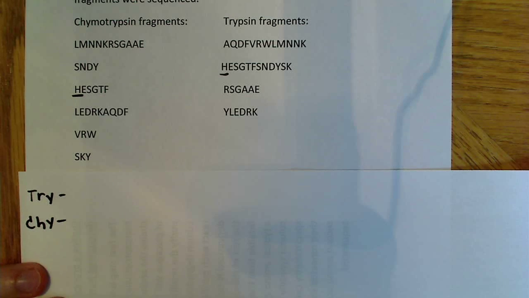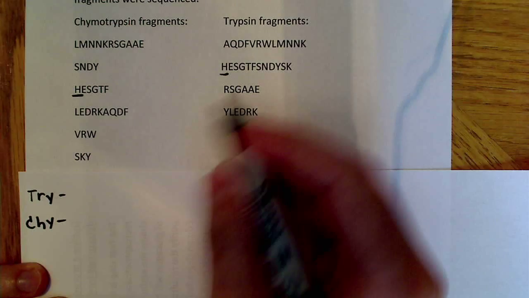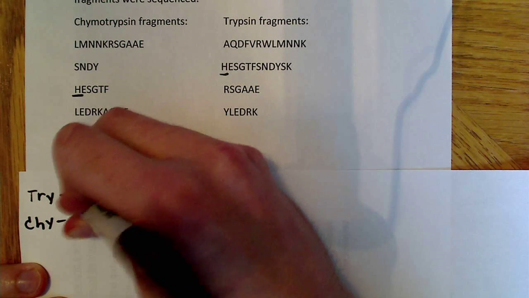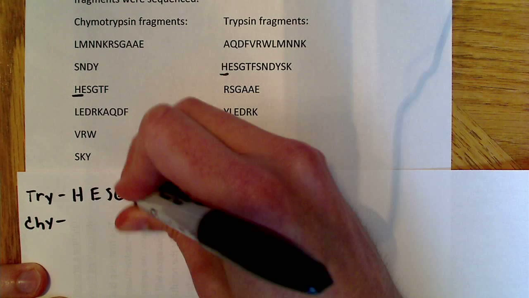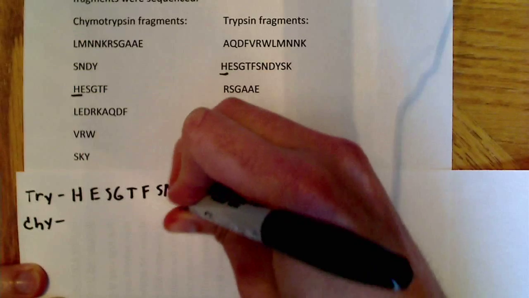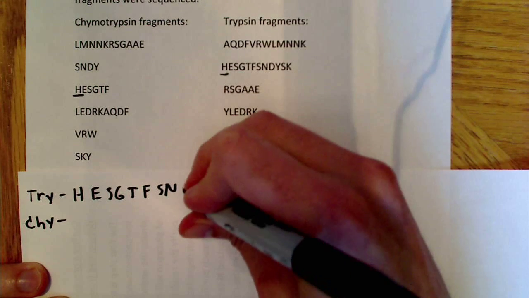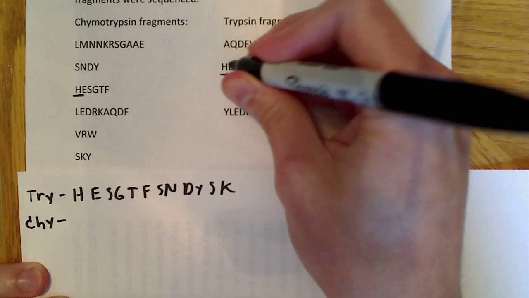And once I have that written down, I will start with either of these two fragments. So for trypsin, I'll write the fragment HE, SG, TF, SN, DY, SK.